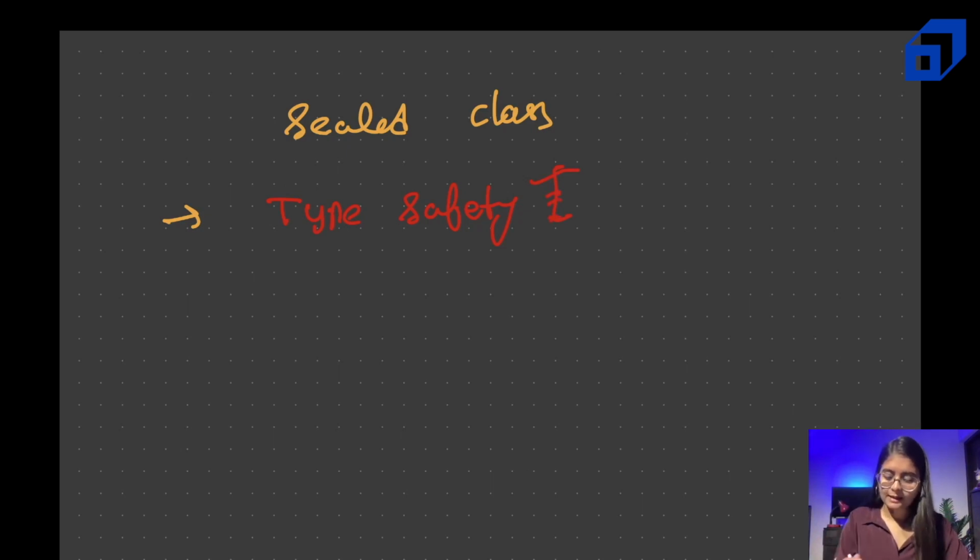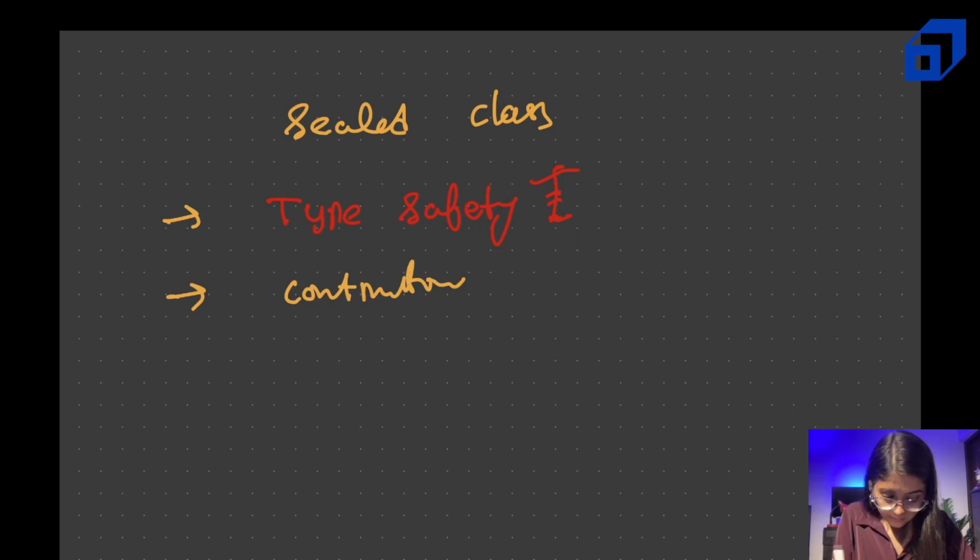So sealed classes are there to ensure type safety, so that there are fewer errors, crashes, etc. And apart from that, another interesting thing to note about sealed classes is that by default the constructors in sealed classes are private.